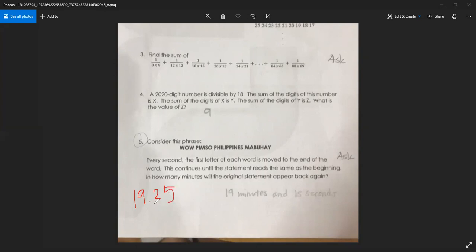Maybe including me, we did not notice that 0.25 is actually equivalent to 15 seconds. So you are correct. Okay.